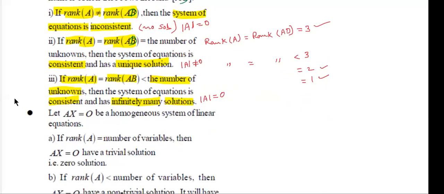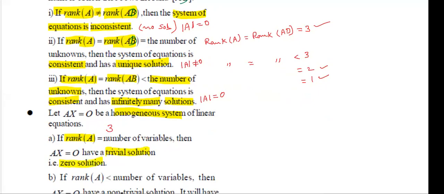Now the homogeneous system of equations by using the rank method. Rank of A compared with the number of variables. So here, rank of A exactly 3 means we will say that those solutions are trivial solutions, or zero solutions.